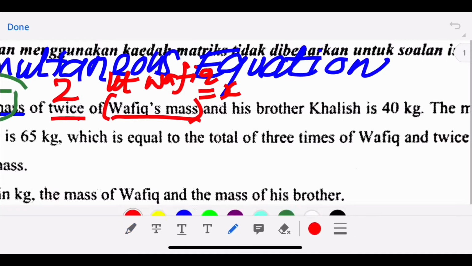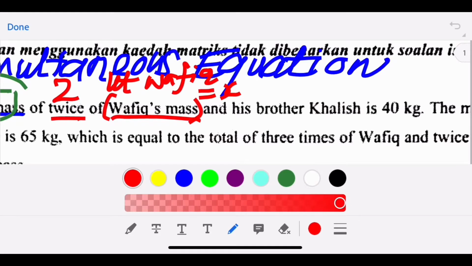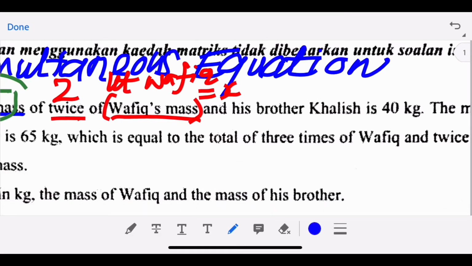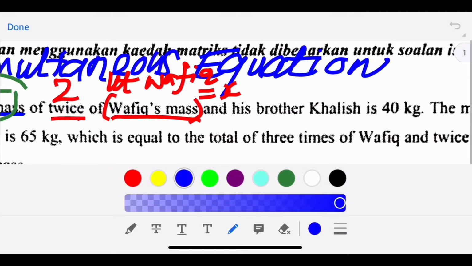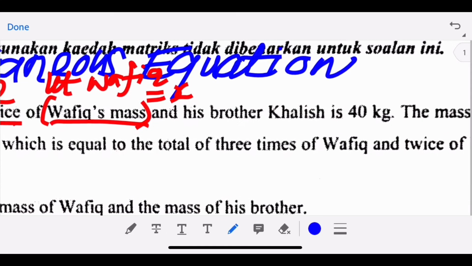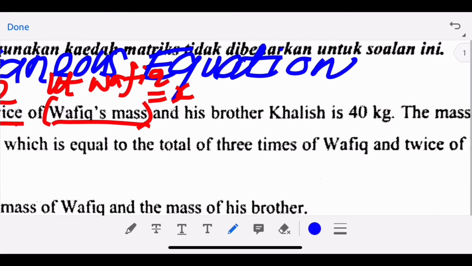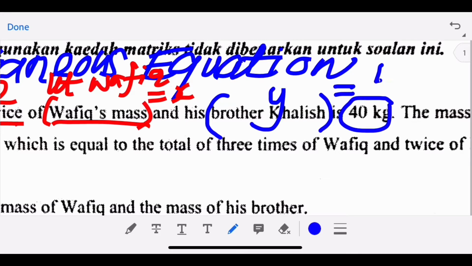Let's say Wafid's mass, we use unknown X, and his brother Khalish's mass, we use another unknown Y. Please highlight like this, brother Khalish, so we use Y to represent Khalish's mass. Then is always equal, and then 40 kg.